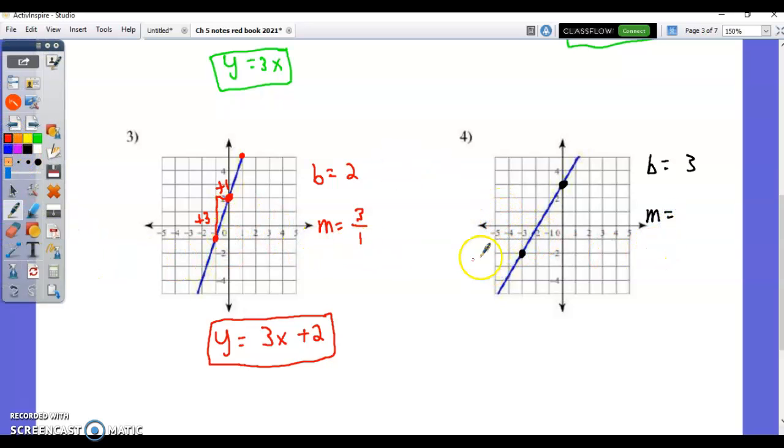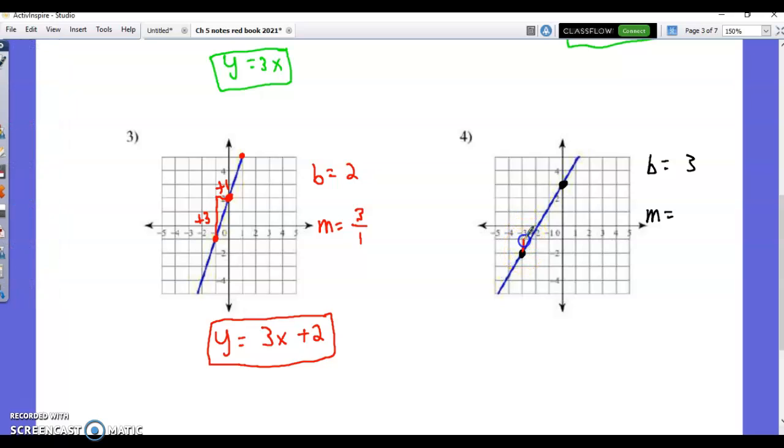All right. So now I have to figure out what my m is based on counting my spaces. So if I go again from left to right, I go up 1, 2, 3, 4, 5. That's +5. That's the number that's on the top. And I go to the right 1, 2, 3. That's a positive 3 because I went to the right. So 3 on the bottom.